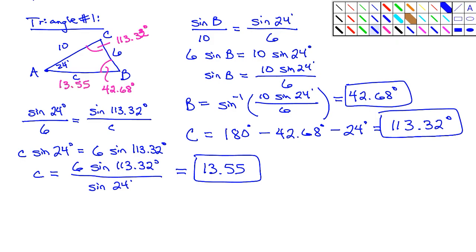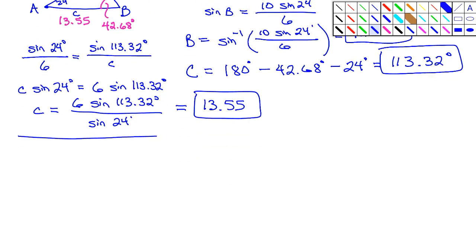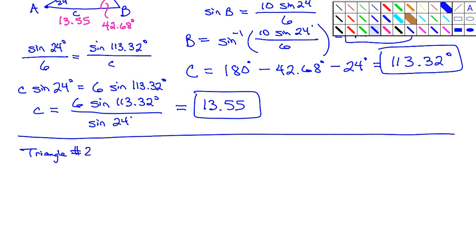And that's all three parts that we're missing of the first triangle. So now we have to get the second triangle. So triangle number 2 is going to look like this.